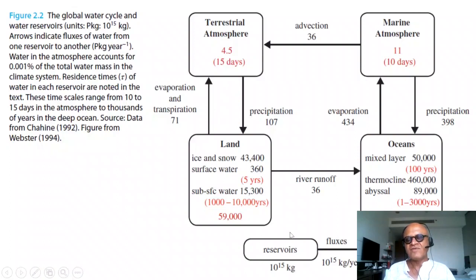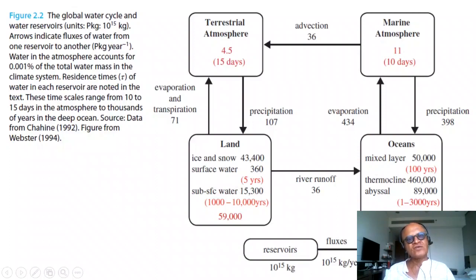So the reservoirs there are in 10 to the 15 kilograms, and fluxes are in 10 to the 15 kilograms per year. I hope the concept of reservoir and flux are clear. So simply here, reservoir is what's in the stock of a particular sector, let's say atmosphere over the land or ocean, and land itself and ocean itself.